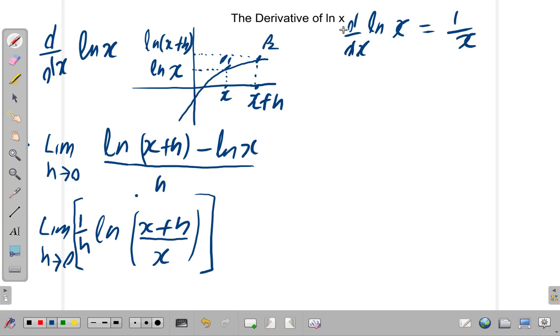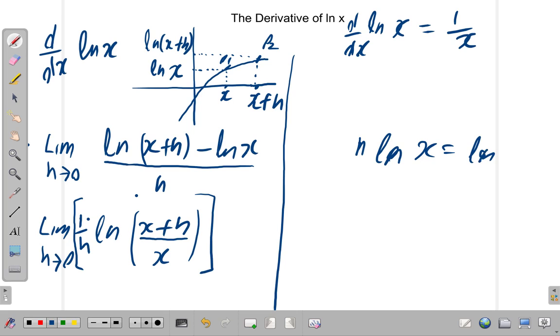Now, another property of logarithms is that a number times the log of x is the same as the log of x raised to the power of that number. For example, n times ln x is the same thing as ln of x to the power of n. Alright?